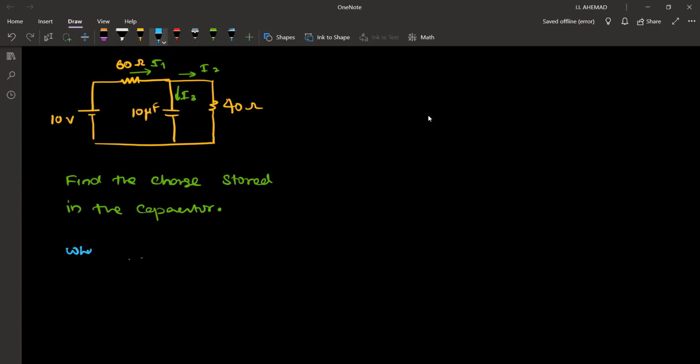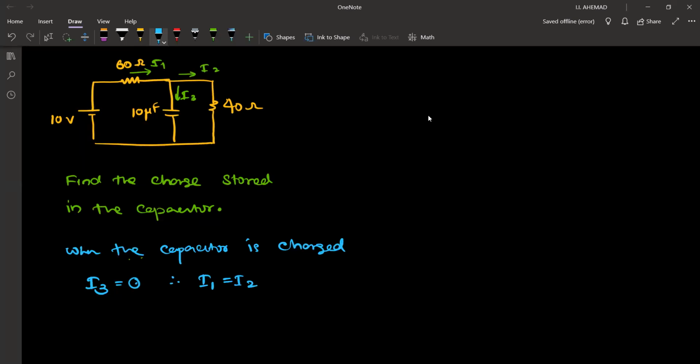When the capacitor is charged, what can you tell about I3? I3 is equal to 0. Therefore, I1 is equal to I2.